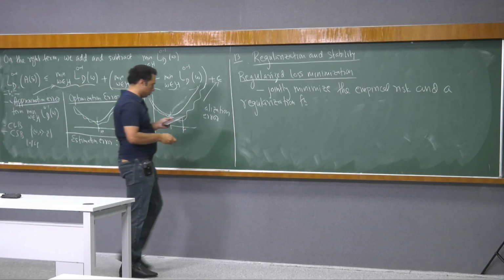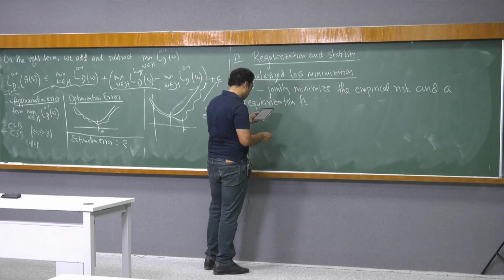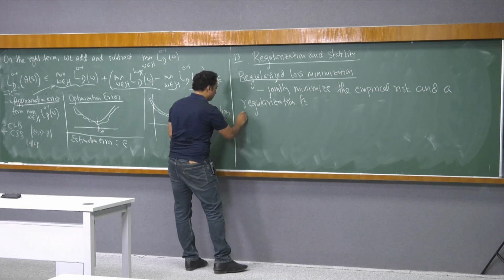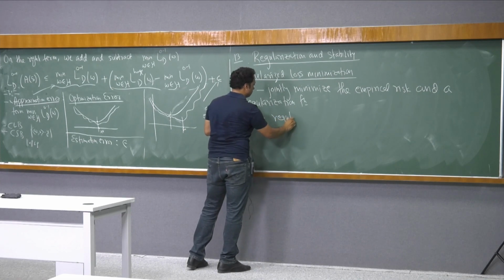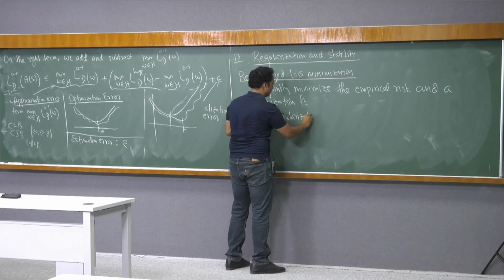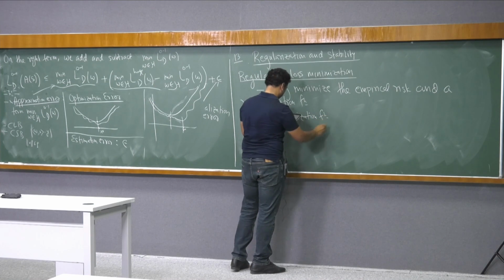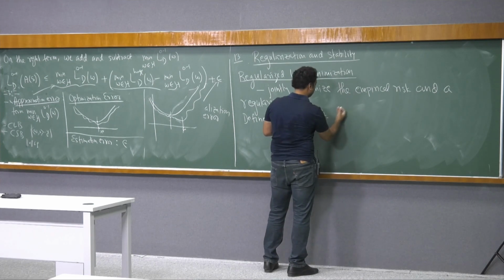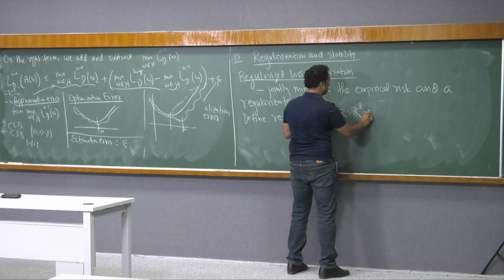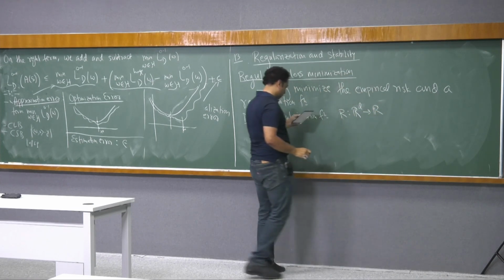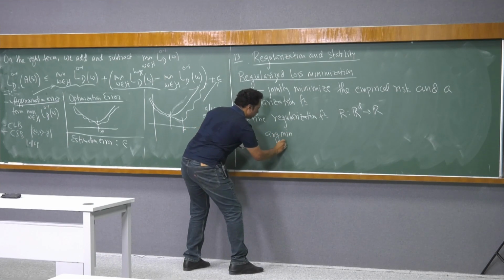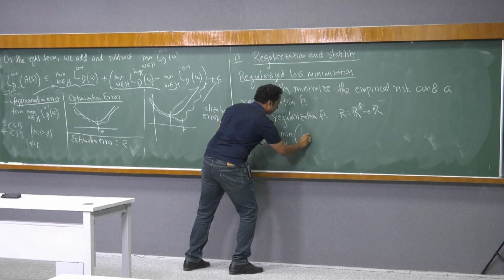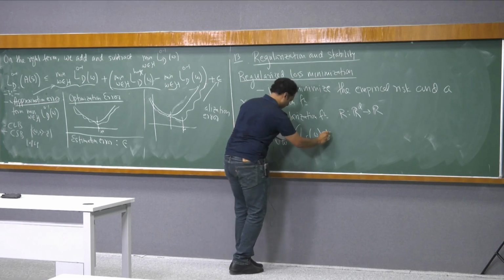So in this sense, let us define a regularization function like this, R from R^d to R, and in this case we minimize argmin over w of L_S(w) plus R(w).